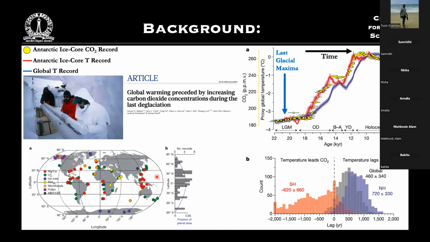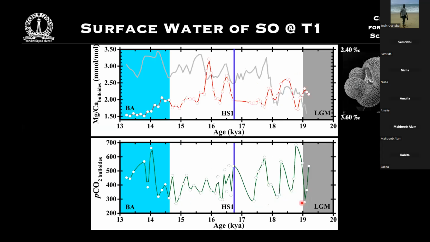Now, moving on to the next, remember, we have the CO2 coming out before the global temperature change. In the southern hemisphere, the temperature leads CO2. So first there should be a temperature change, then there should be a CO2 change. And when we compare only the bolloides magnesium-calcium to pCO2 values, what we observe is that we don't observe any clear trend in the Bølling-Allerød.